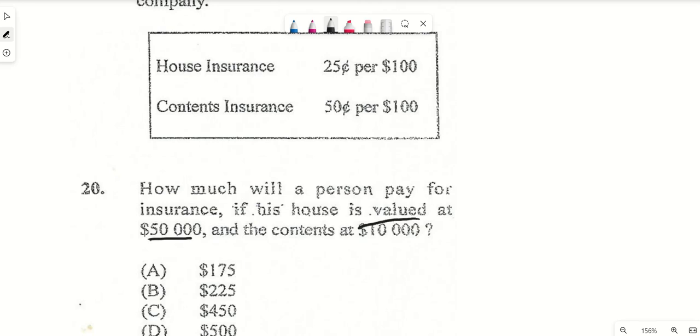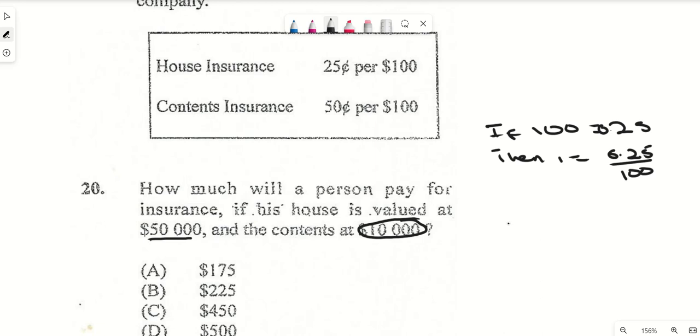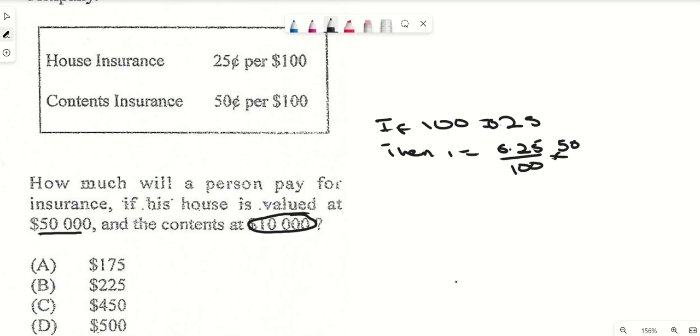Let's circle the contents. Right, so if 100 is equal to 25 cents, 0.25 guys, not 25, right? Then 1 will be 0.25 over 100 multiplied by 50,000. Over 1, cross out these two zeros.